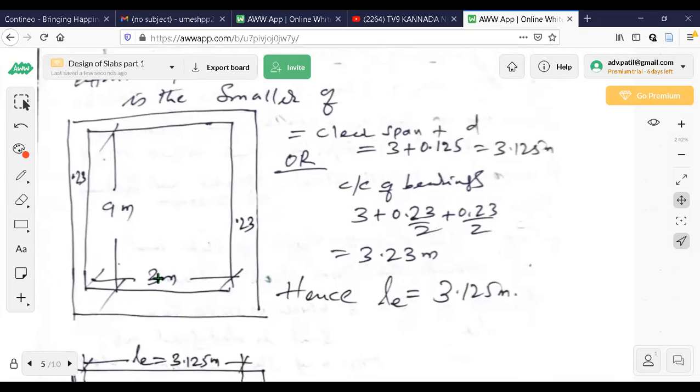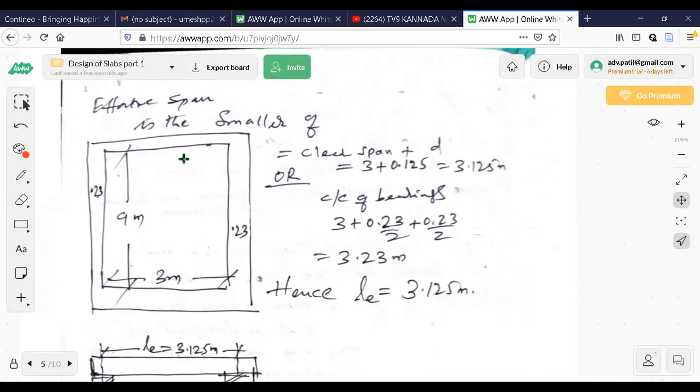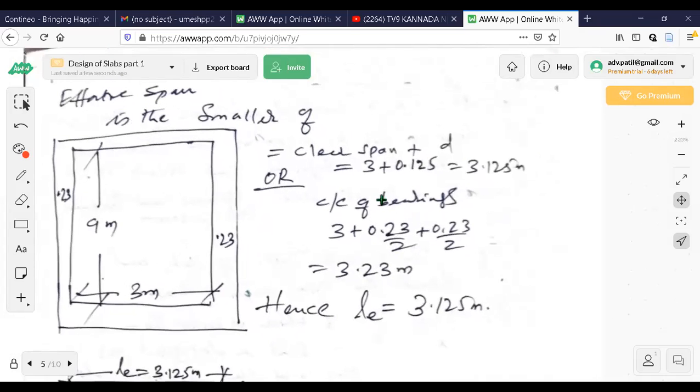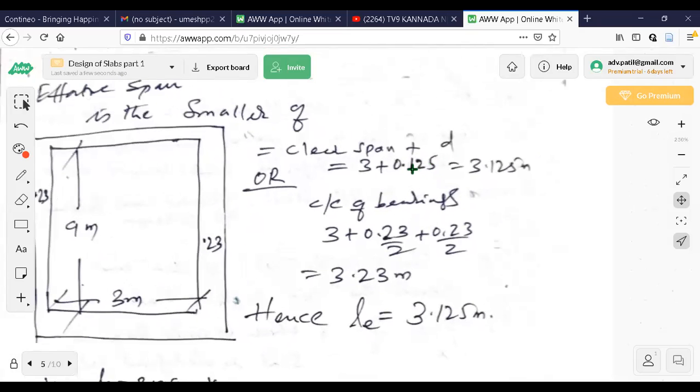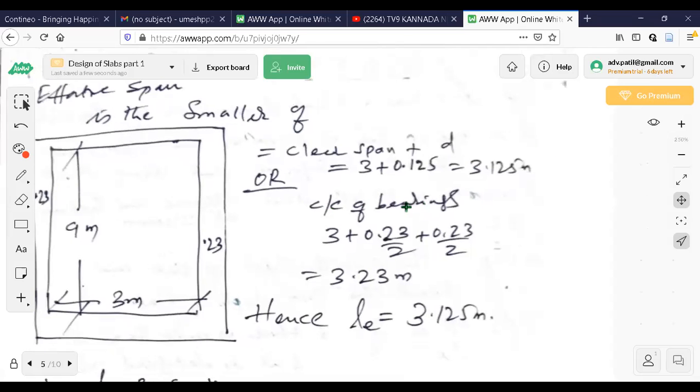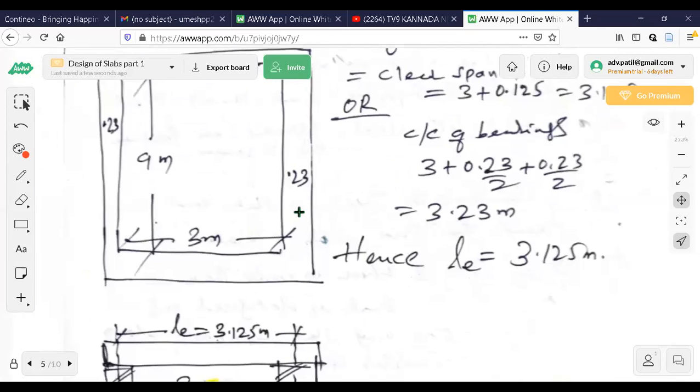From this I should get the effective span. Effective span is the smaller of clear span plus effective depth. So 3 plus 0.125, because small d is 125 mm. I'm getting 3.125, or the center to center distance between bearings. One more way of calculating effective span is this.